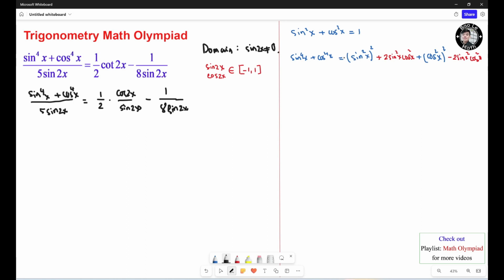The first three terms are actually a complete square, so it becomes (sin^2 x + cos^2 x)^2 - 2 sin^2 x cos^2 x. Since sin^2 x + cos^2 x = 1, it turns out to be 1 - 2 sin^2 x cos^2 x.